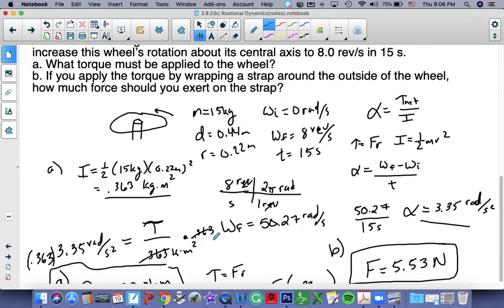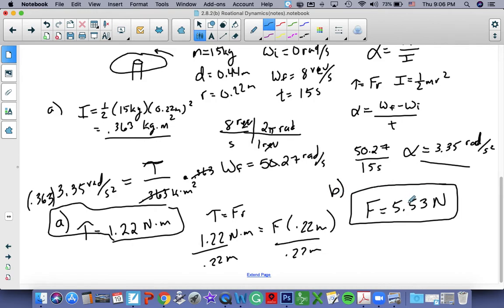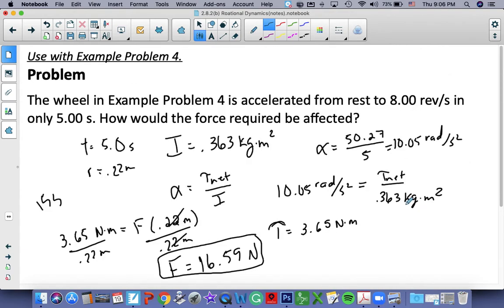If we look here, we had 5.53, so it makes sense that we had around 16.59. That's about 3 times as much force to get it to go that fast in 1/3 of the time. Okay, so that's how we use Newton's second law of rotational motion.